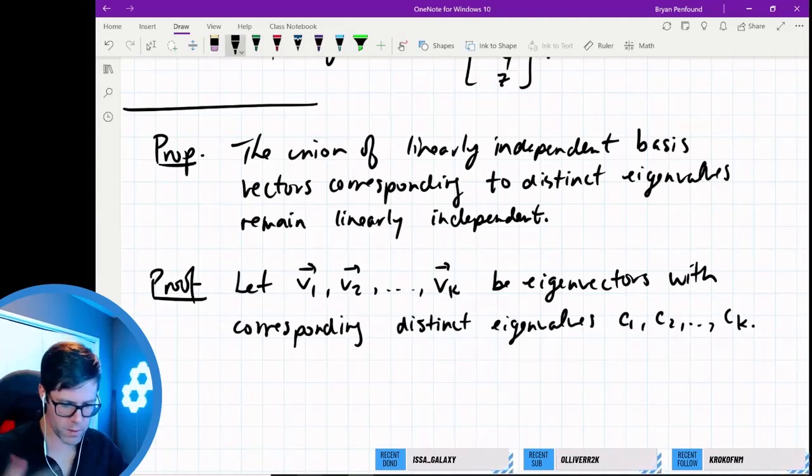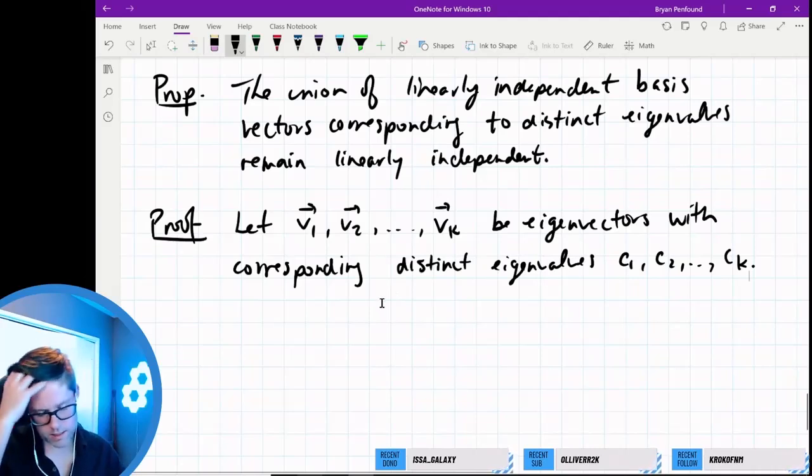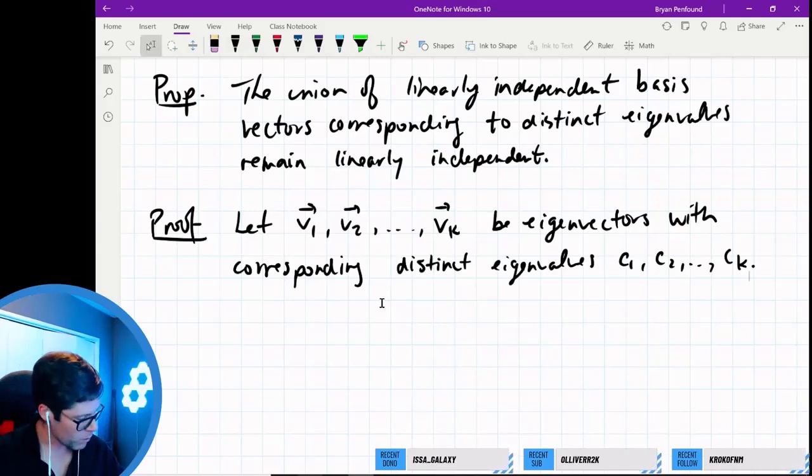Okay, so I have a specific eigenvector that corresponds with a specific distinct eigenvalue. So in some sense, if I'm given these k distinct eigenvalues, and I can grab at least one vector that corresponds with each of these distinct eigenvalues, then these should all be linearly independent, is what we're going to be trying to prove.